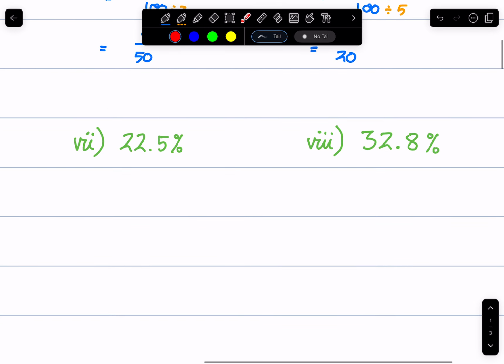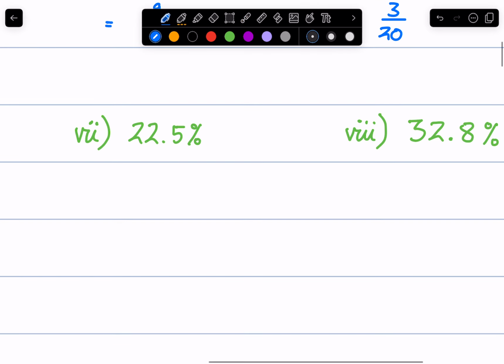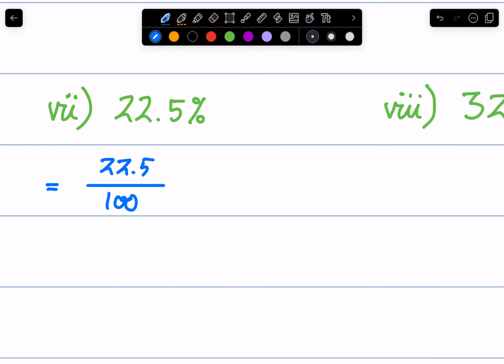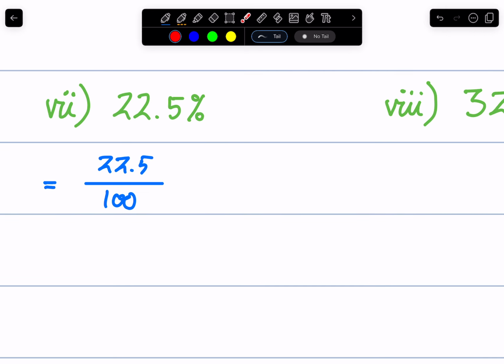Now for these last two examples, you'll see that you will require a slightly different or an additional technique. But as before, it starts off as over 100, and we keep the percentage on the numerator. But now before we simplify this, we actually want to make this decimal into a whole number.